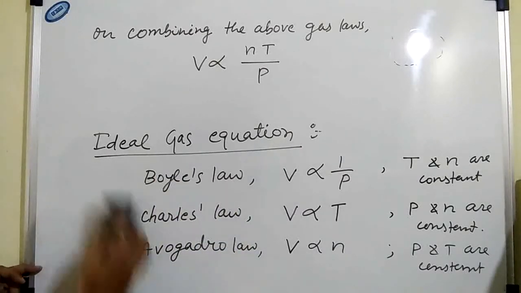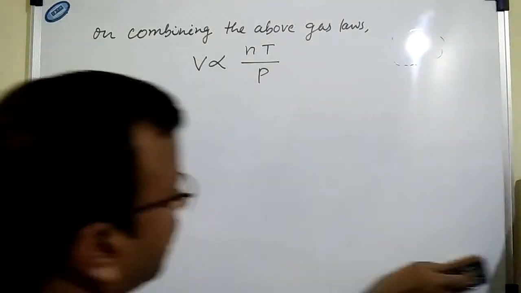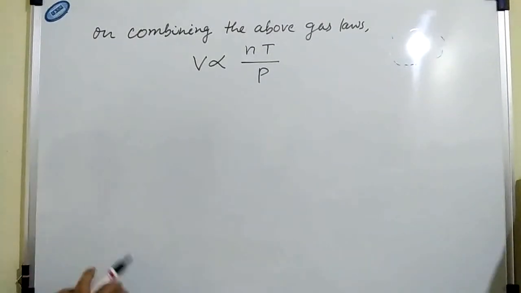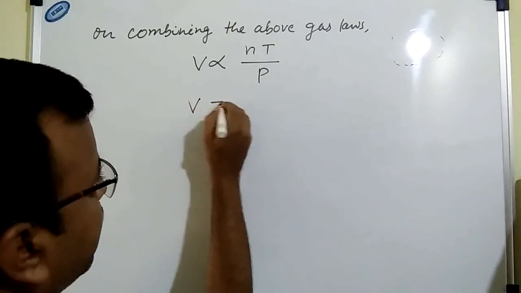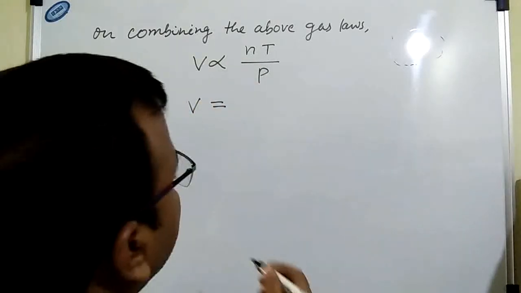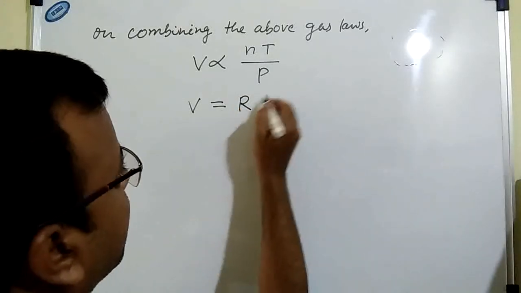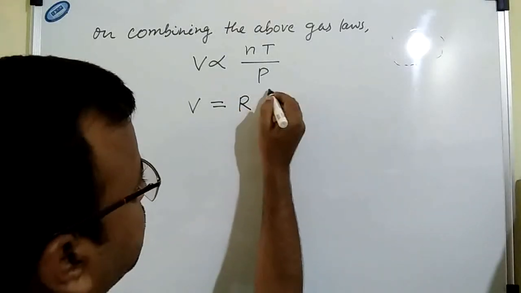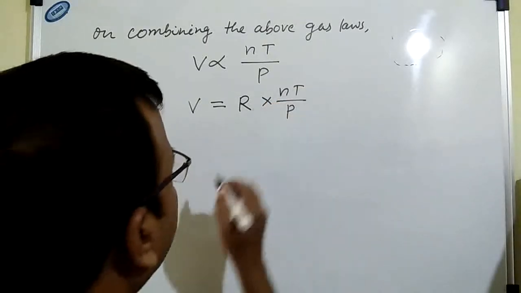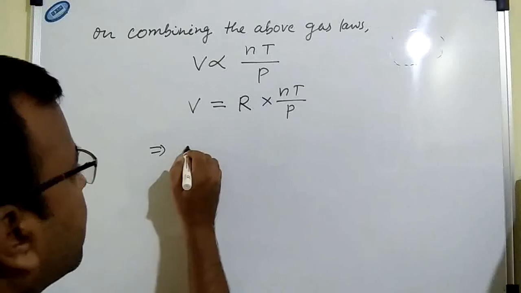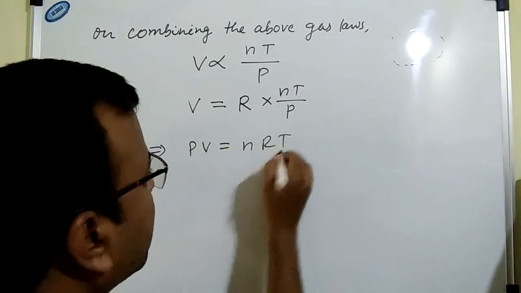Now we are rubbing this one. Now here V, we will remove the proportionality sign, V is equal to, now we will use a constant R into nT by P, or we can write PV = nRT.